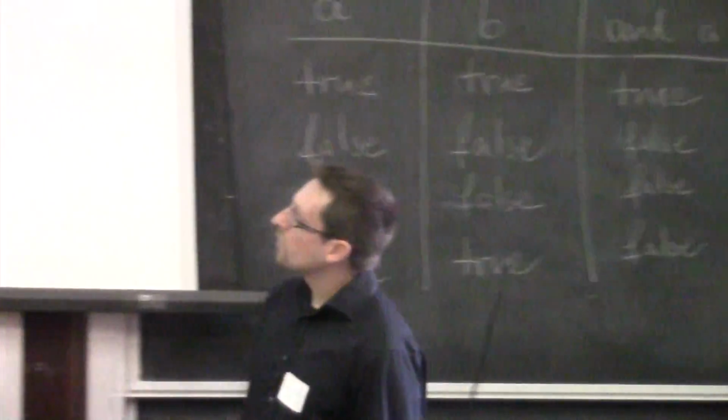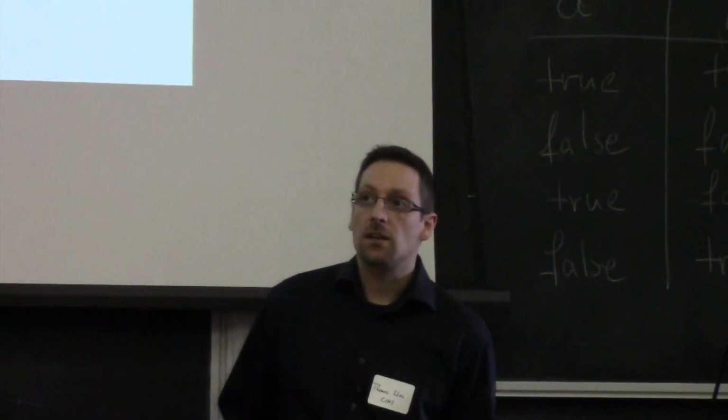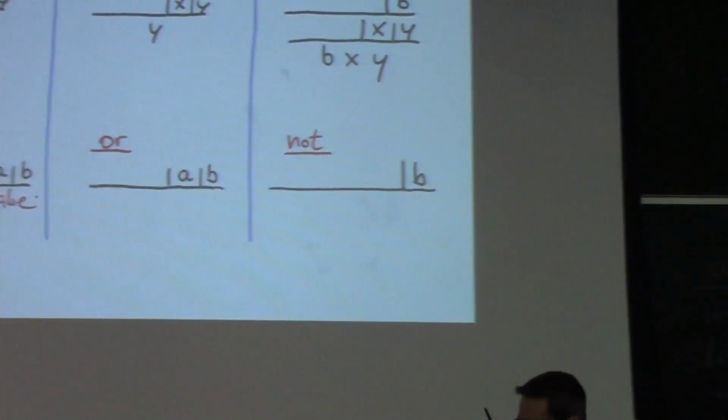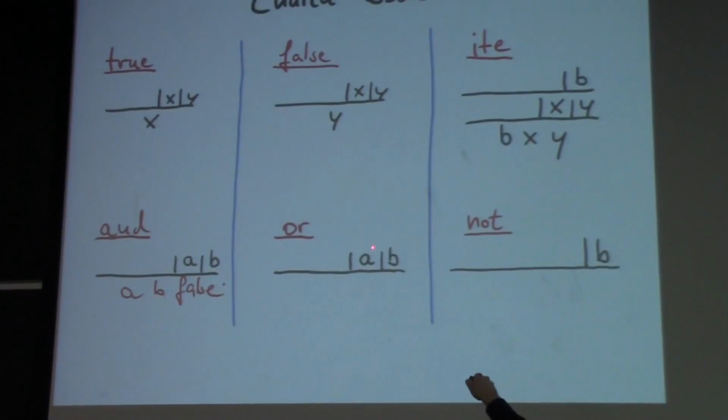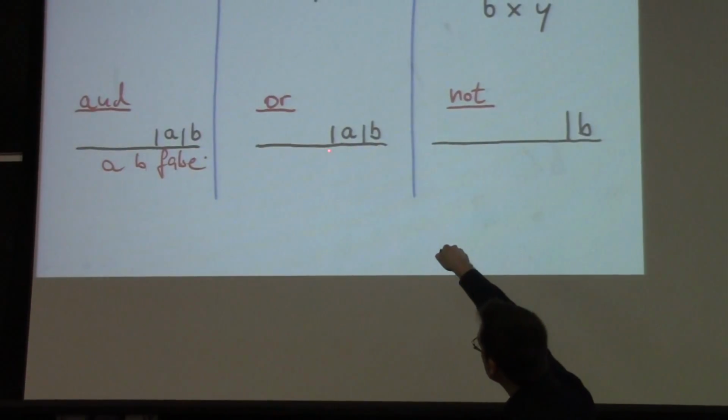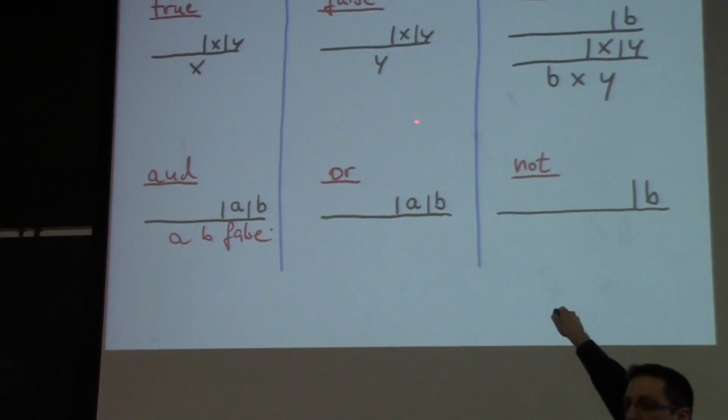Okay, so now we want to have a family that computes an OR. Again it takes an A and a B. And now this is similar to the AND, but we want this guy to return true if one of the two is true.